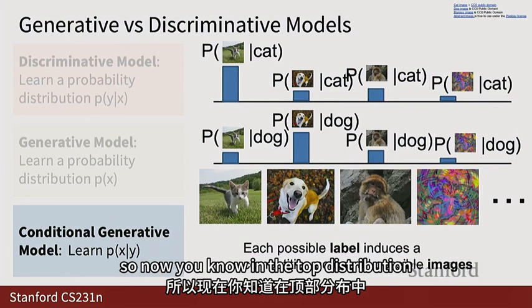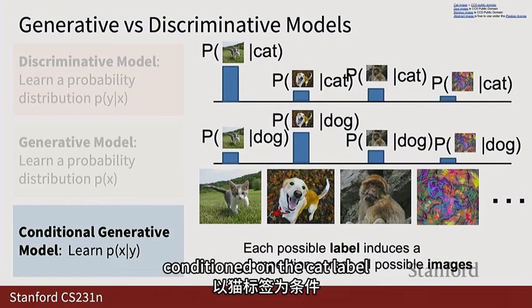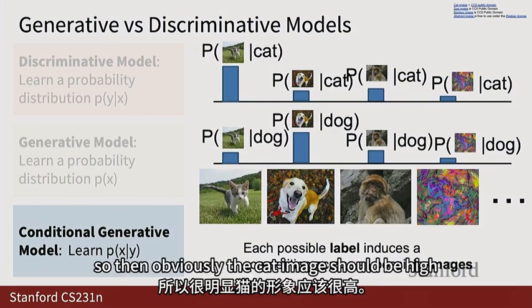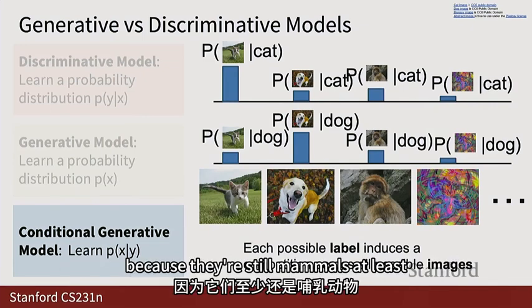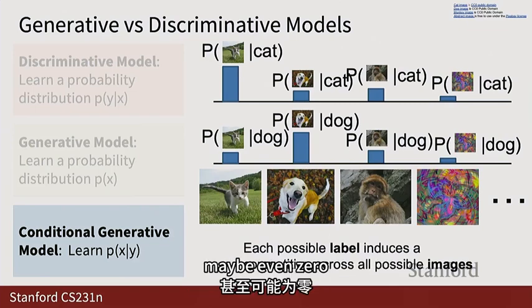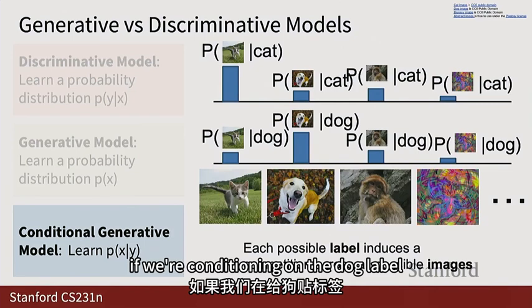In the top distribution, this is the probability of all these images conditioned on the cat label. So obviously the cat image should be high. Maybe the monkey and the dog image should be somewhat higher because they're still mammals at least, but the abstract art should be very low, maybe even zero. And then there's a different distribution among images if we're conditioning on the dog label.